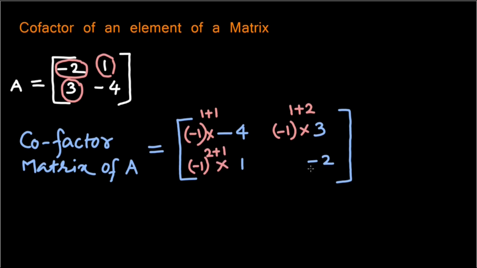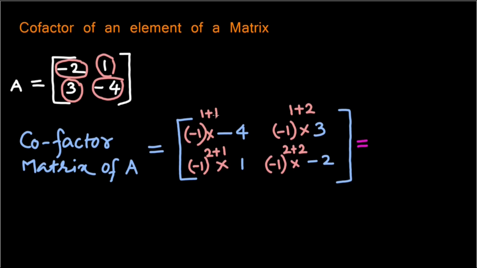Now we will multiply this minor minus 2 by minus 1 raised to the position of this minus 4, which is second row, second column, that is 2 plus 2, multiplied by this minus 2. This will be now minus 1 raised to 1 plus 1, which is 2.